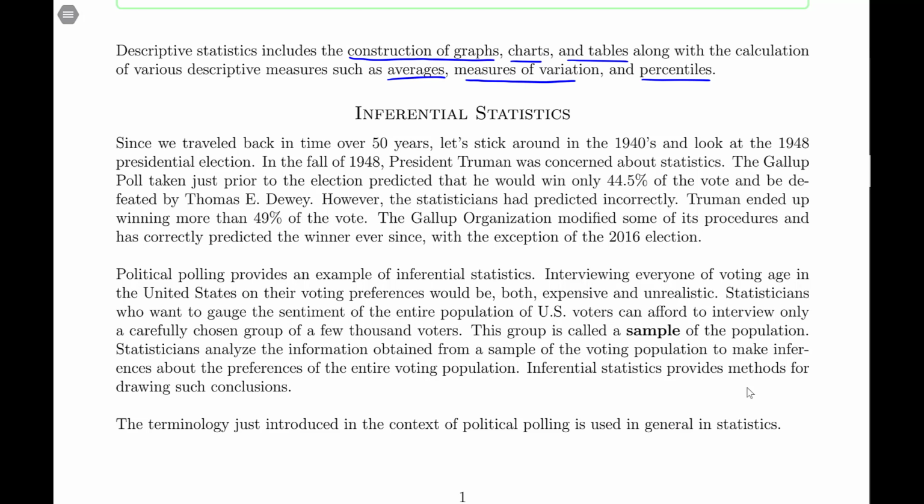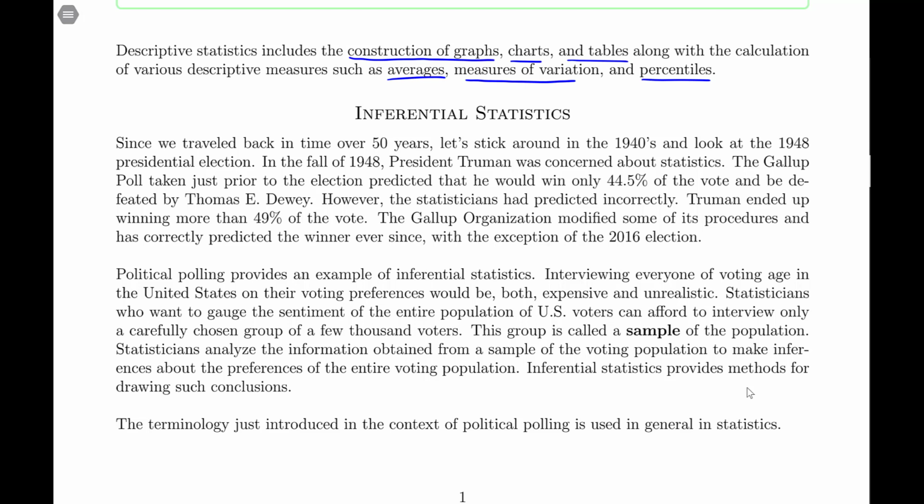They did not ask every United States citizen that was of voting age. So the difference between descriptive statistics, where we're talking about the batting averages, for example, we've taken into account every time the person went to bat. With inferential statistics, we are just looking at a small portion of a population.